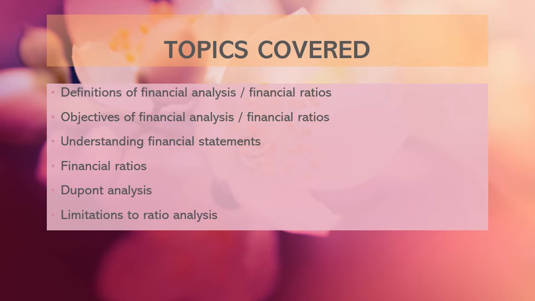And then we're going to discuss Dupont Analysis, and lastly, we're going to cover the limitations to ratio analysis, and then we end our video lecture by looking at two tutorials on how to calculate financial ratios.